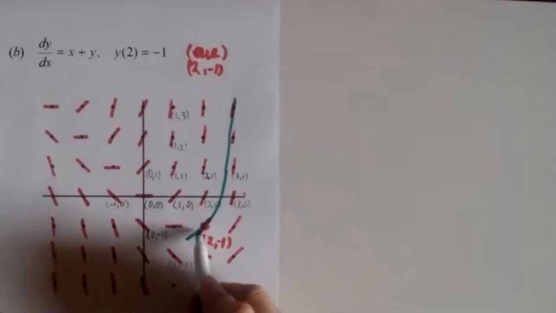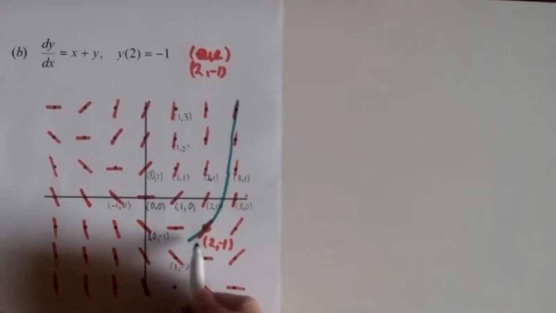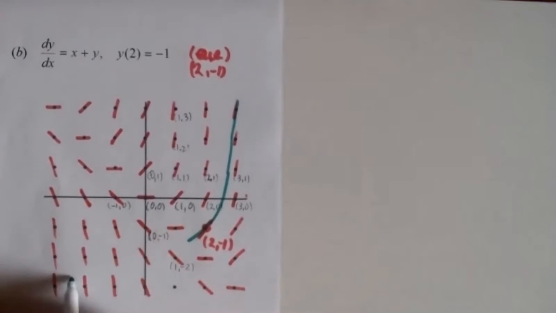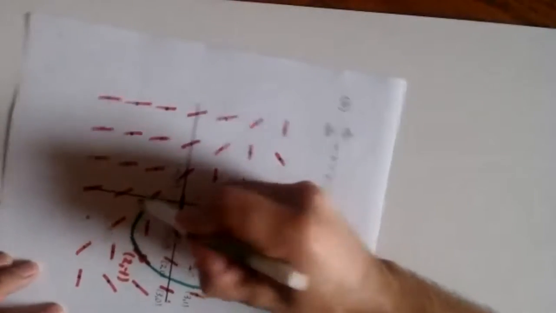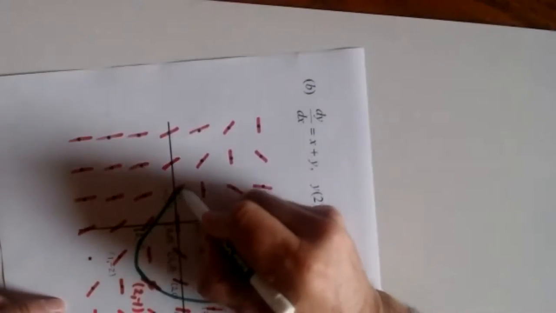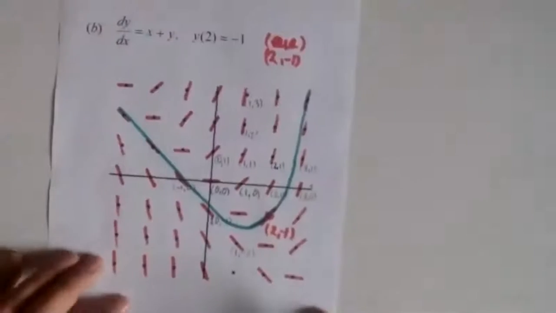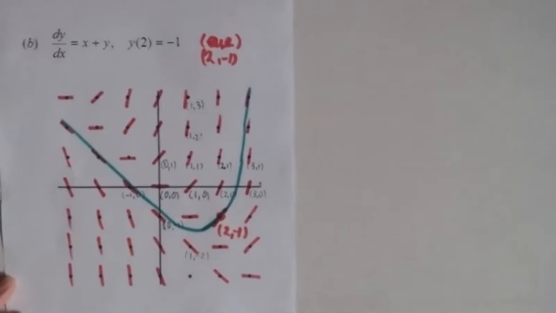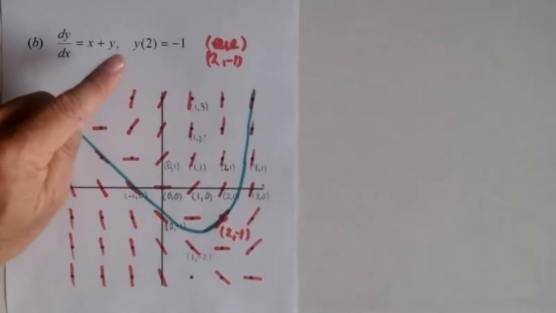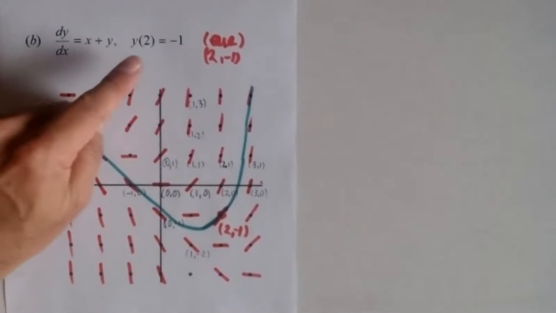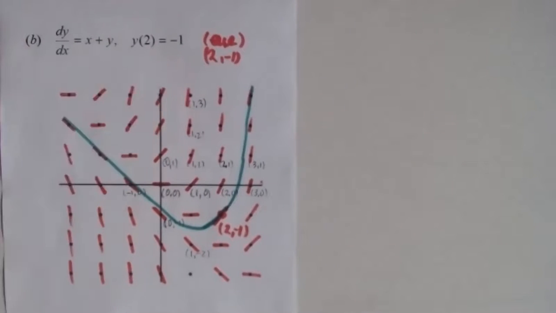Then this one is a wall, so this cannot cross in this direction, so it cannot cross the walls. So it has to turn something like this, right? And then follow the direction. So this is going to be pretty much the representation of the solution for this differential equation passing in the point 2, negative 1.